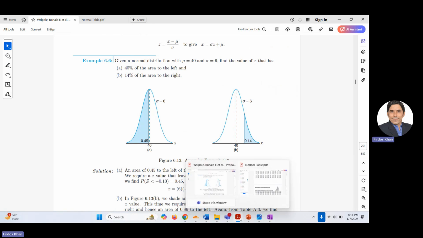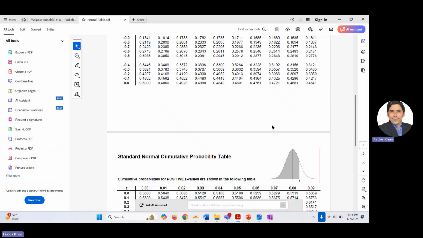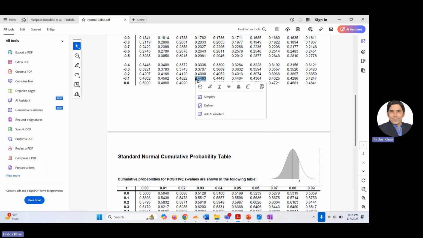So how can you find this value? Just go back to the table. Yesterday we found the probability for a given value of the random variable. And in today's lecture the probability is given to us and we need to find the value of the random variable. You can see that this value is closer to 0.45 compared to the other values, so this is the closest value to 0.45. If you round it, it is 0.45, of course. So what is the value of the random variable, that is, the value of z?